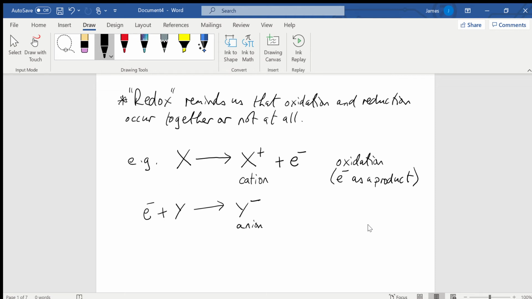Whenever we have electrons as reactants, it's because we've gained. So this is reduction. We have an electron as a reactant. So these two processes together, this whole thing, is redox.